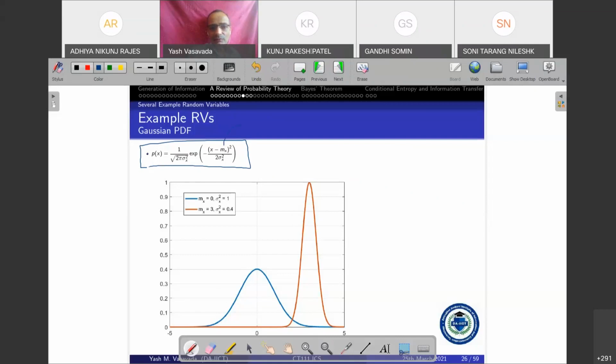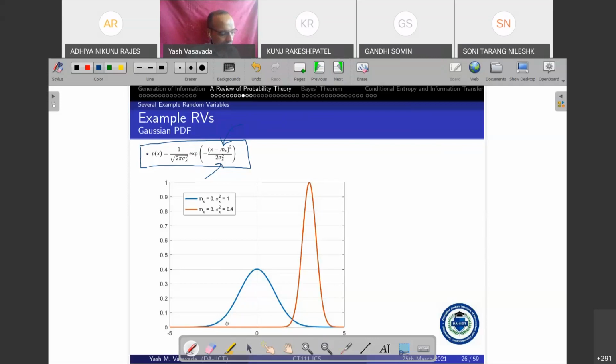If you know the PDF, the mean value is sitting inside the expression of the PDF, and similarly, the variance is also specified in the formula, which is kind of unusual. Typically, from the math formula of the PDF, you may not be directly able to determine the mean and the variance, except if it is Gaussian.